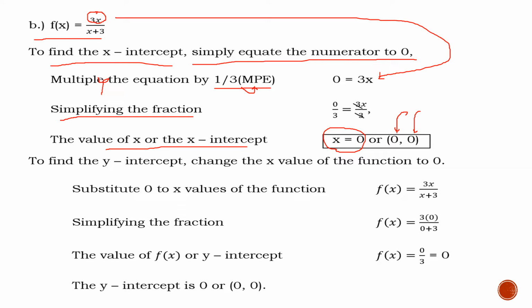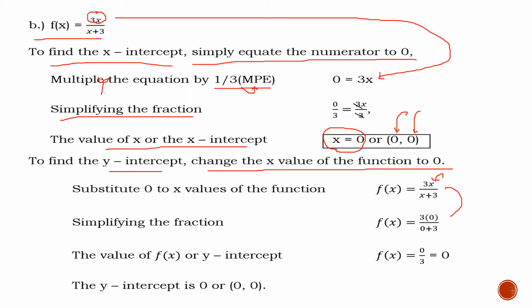Now let's find the y-intercept of this graph of a rational function. To find the y-intercept, change the x value of the function to 0. So again, we replace f of x by simply using y. Then we substitute 0 as the value of your x variable in the given function.